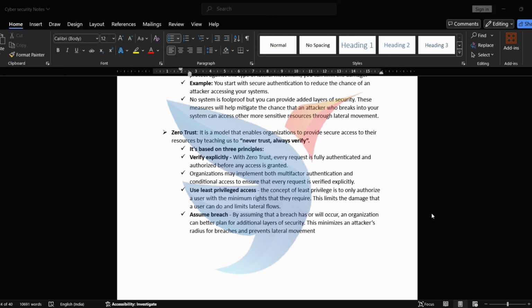Let's talk about what is assume breach. By assuming that a breach has or will occur, an organization can better plan for additional layers of security. This minimizes an attacker's radius for breaches and prevents lateral movement.